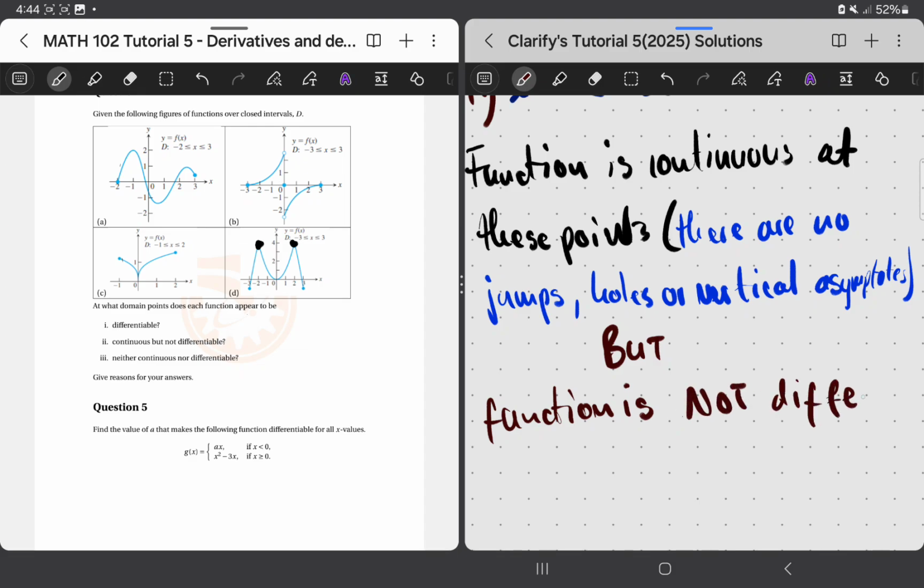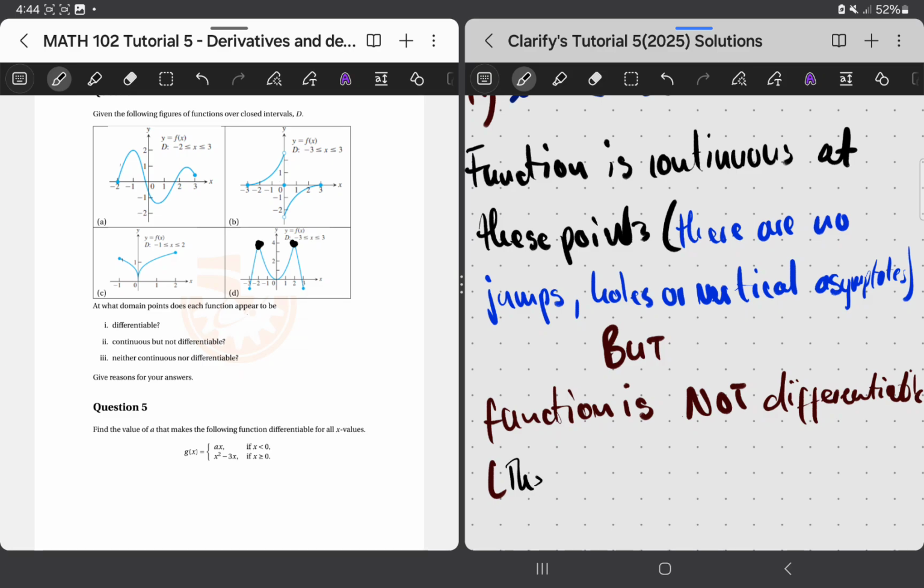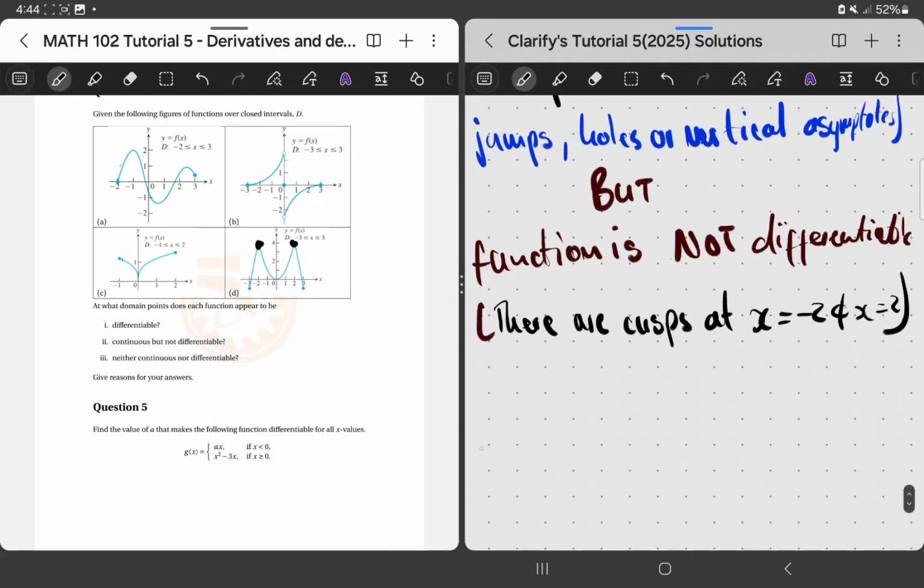You know why? Because there are some cusps. There are cusps at x equals -2 and x equals 2. So the function is continuous, but not differentiable at these points. So we have found it. Now let's do part 3.